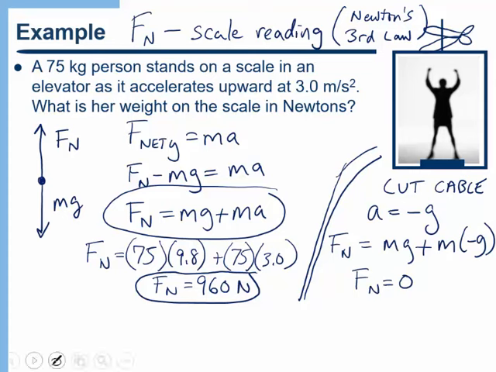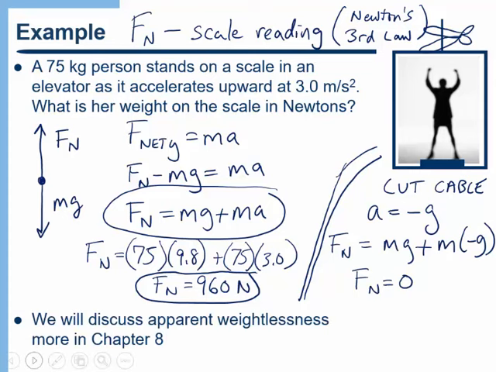We call this apparent weightlessness because it's not like the force of gravity is not acting on you, but it will appear to you that your life in that elevator, for the short amount of time that it has left, is going to be just like an astronaut in a spaceship. You would literally be floating.